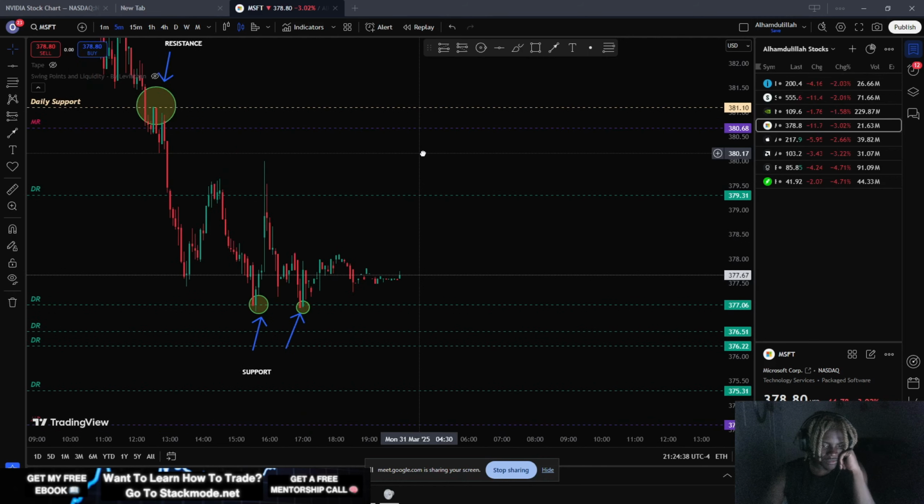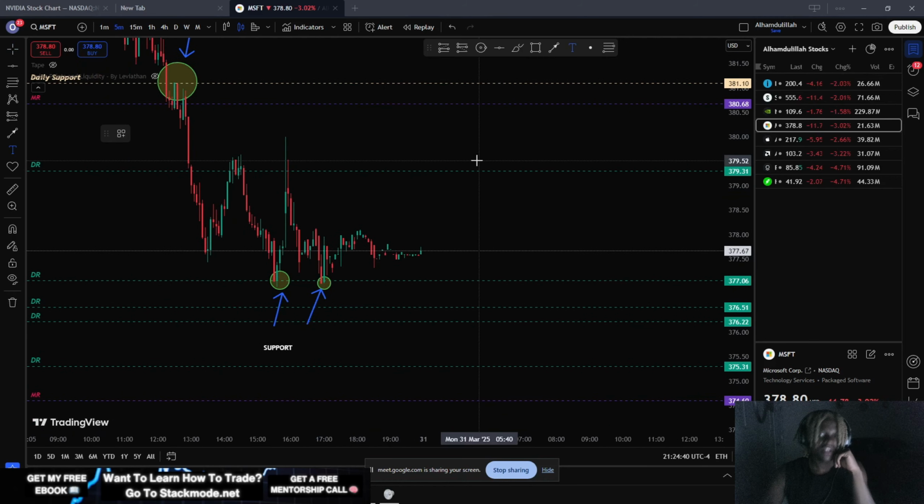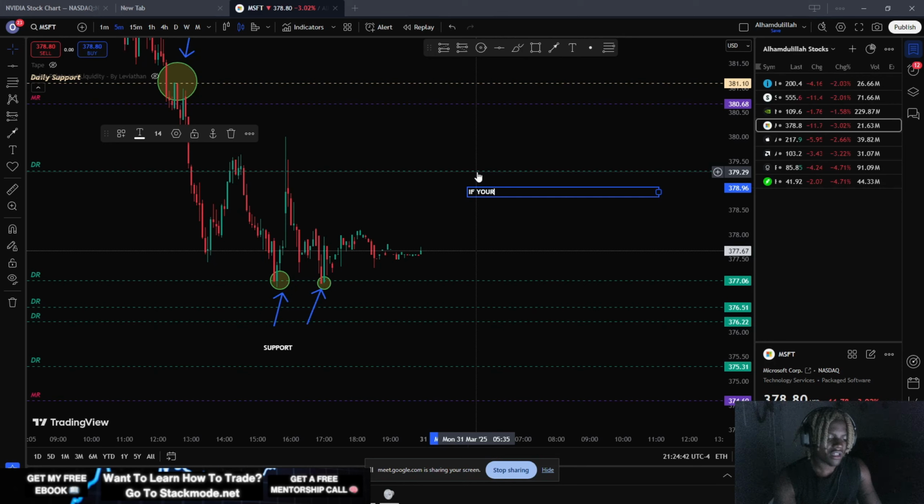So if I'm trying to short, we'll go over the downside first. If you're trying to short, wait for smaller time frame support to be broken. Then wait for price to wick back up at the breakout entry and get in.